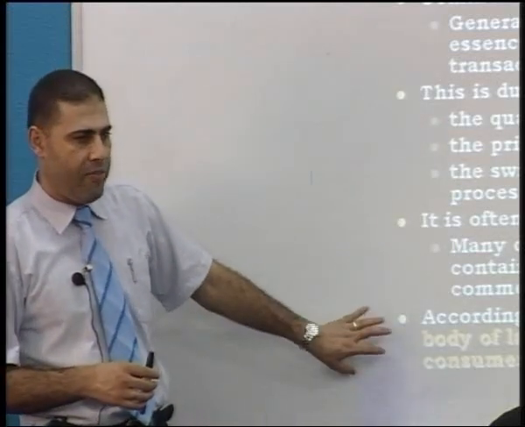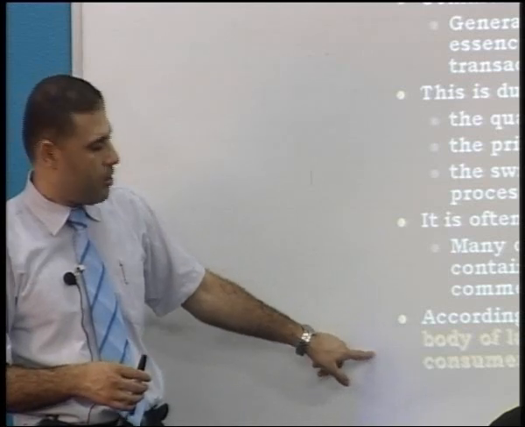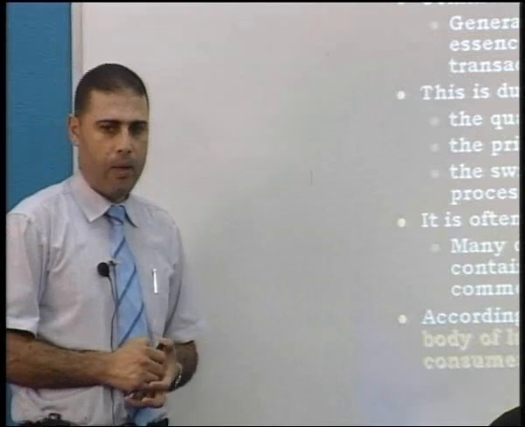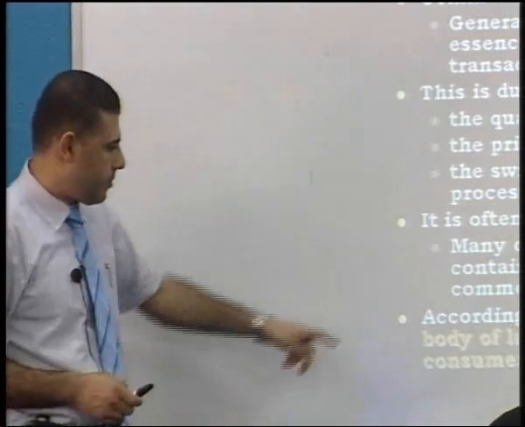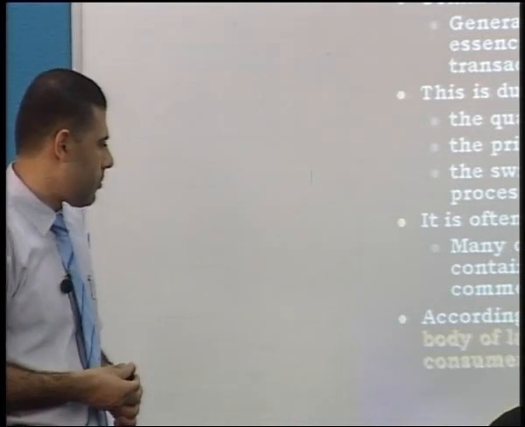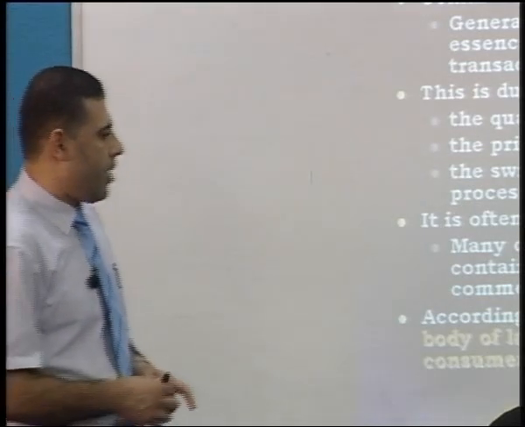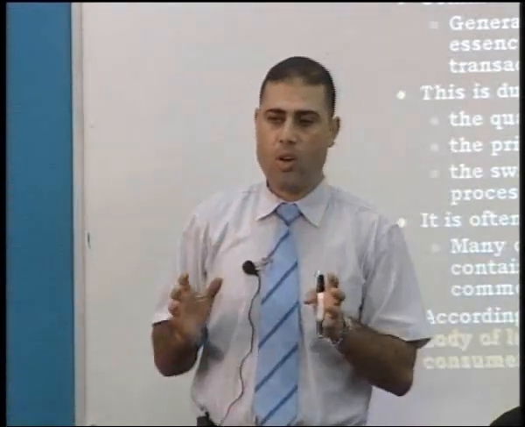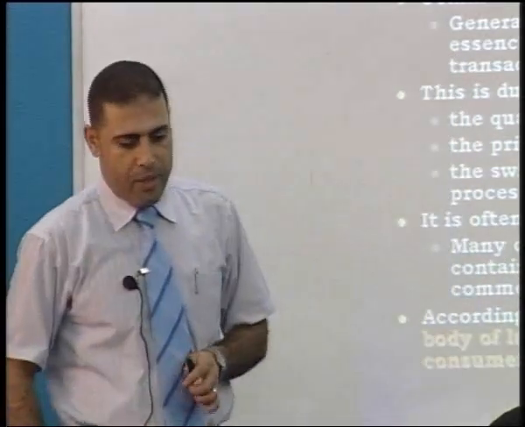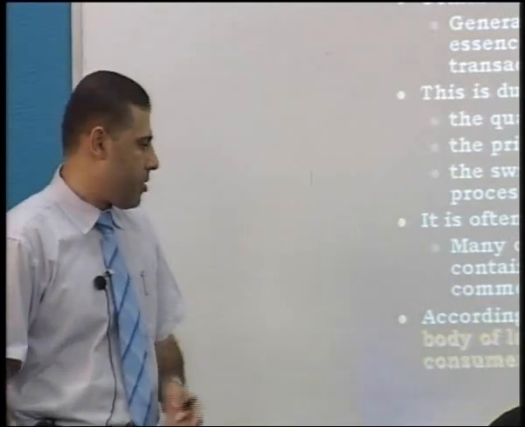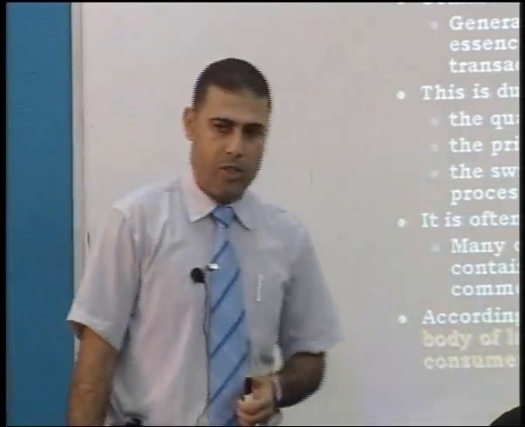This definition we have now, the second, third definition of commercial law, what does it say? Can anyone read it? It says here commercial law is the same as business law. It's a body of rules, and this body of law governs business, commerce, and consumer transactions.